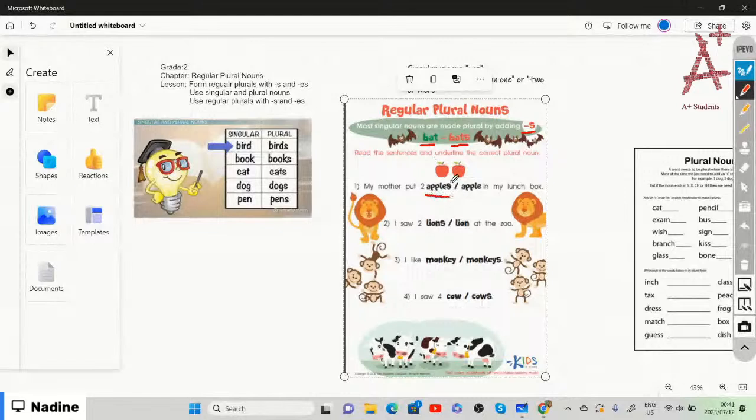We add an S to make the word plural, right? And that tells us that there is more than one. There's two apples. I saw two lions, or I saw two lion at the zoo. So I saw two lions or lion at the zoo.